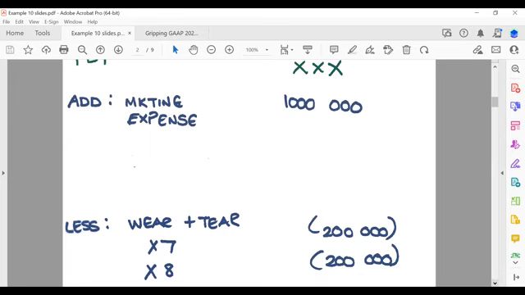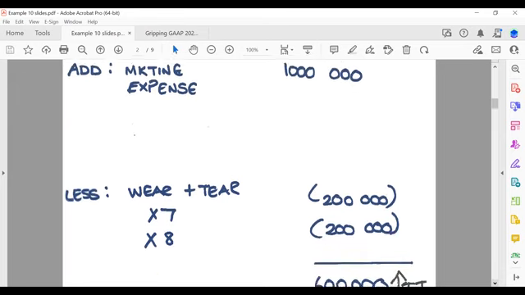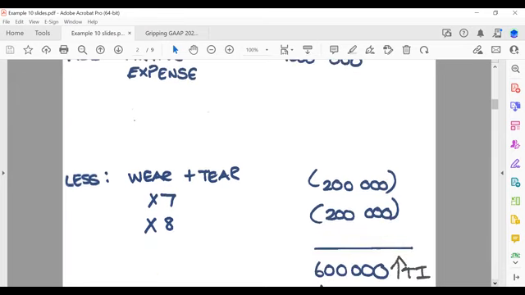what does that give us? It gives us a total increase in our taxable income of 600,000. So if we've got an increase in our taxable income of 600,000, do we now owe more or less tax?